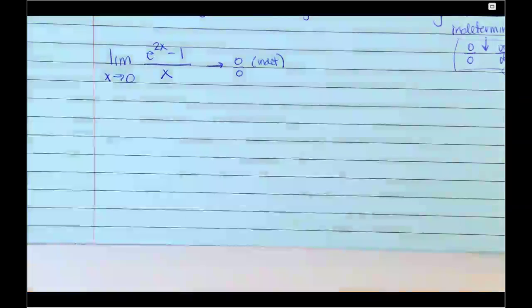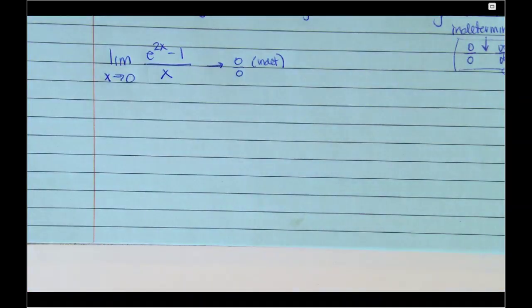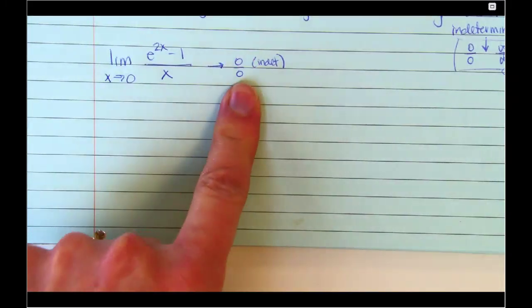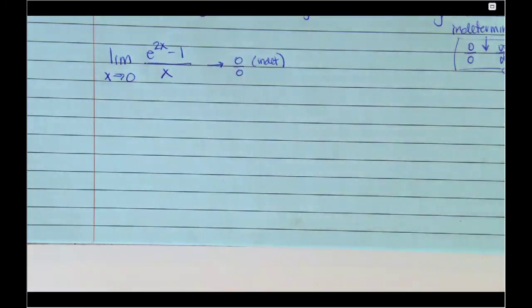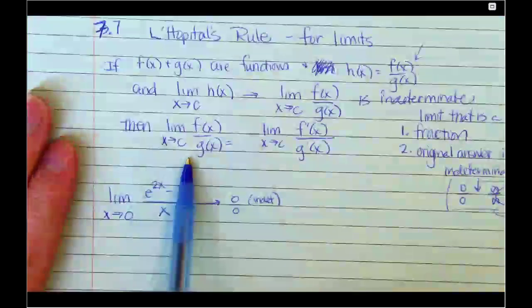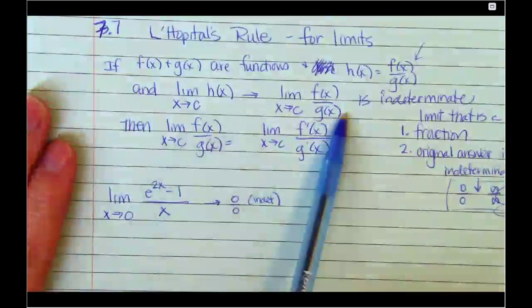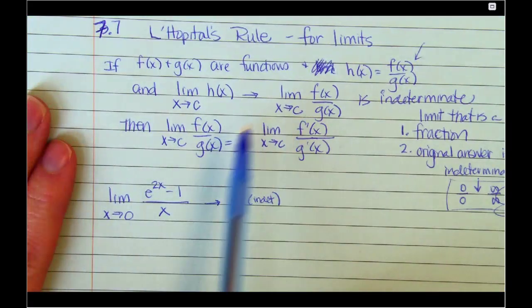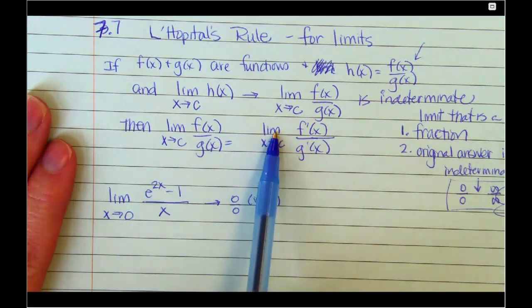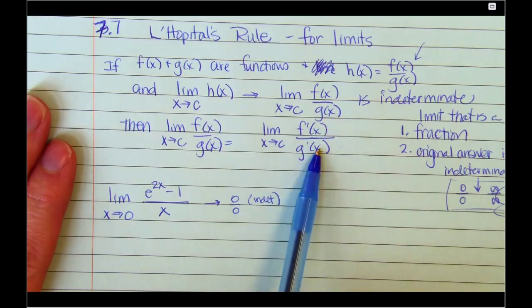All the other times we've done this, we've had ways to actually get the answer. I'll show you some of the ones we've done in the past so that you can see this is better. This is indeterminate anyway, and it's a fraction, which means I can use L'Hopital's rule. L'Hopital's rule says, if you have an indeterminate form and a fractional limit, then the original limit is equal to the limit of the two derivatives.